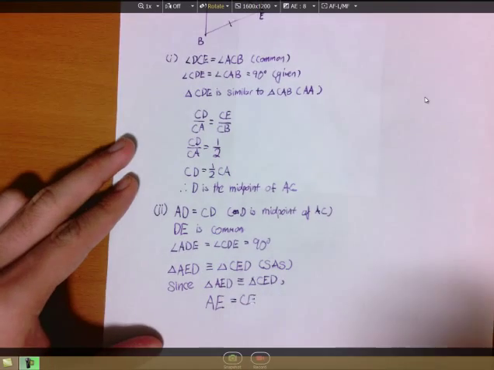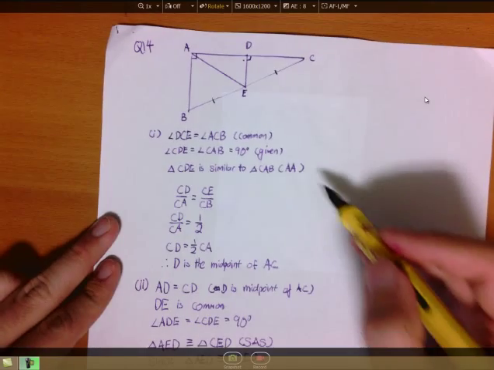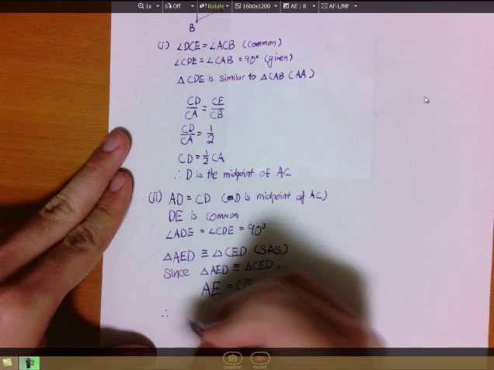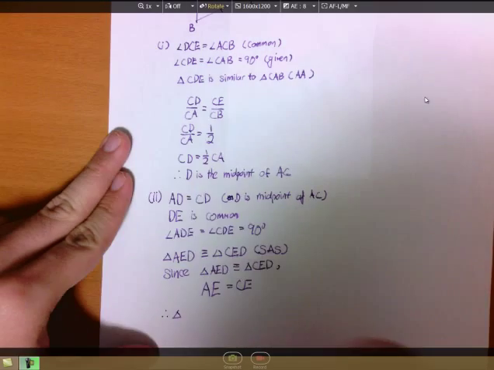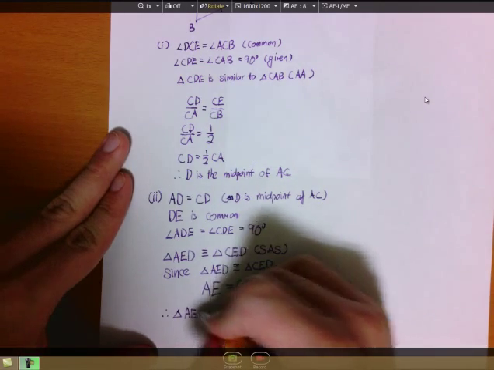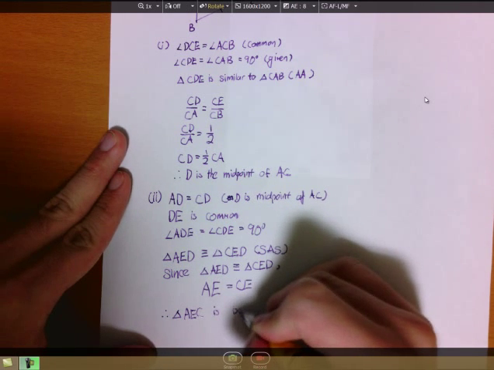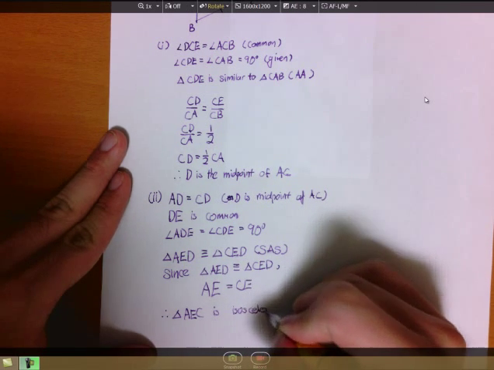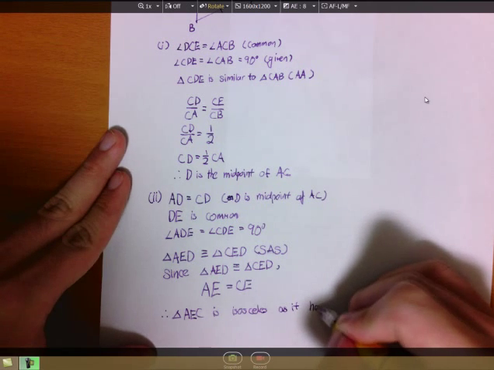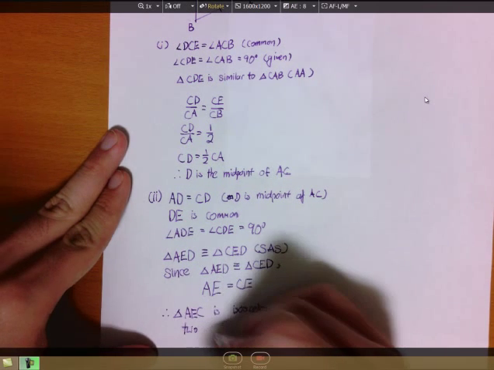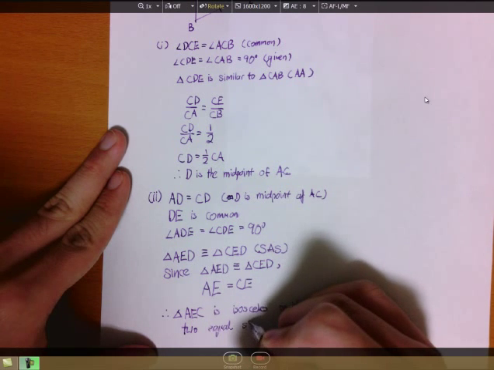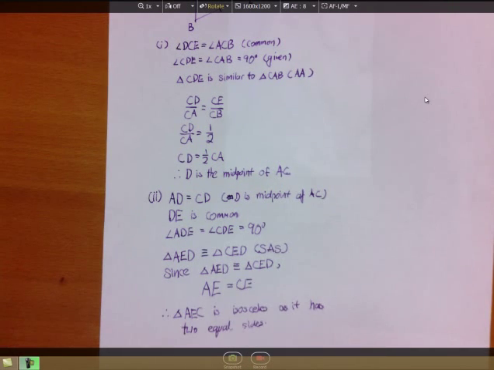Once I know that AE is equal to CE, I can therefore conclude that triangle AEC is isosceles, as it has two equal sides. And I'm done with question 14. Now I'll move on to the next question, which is question 17.